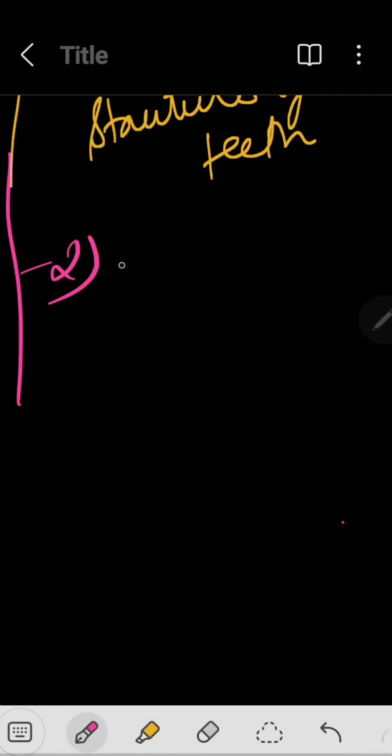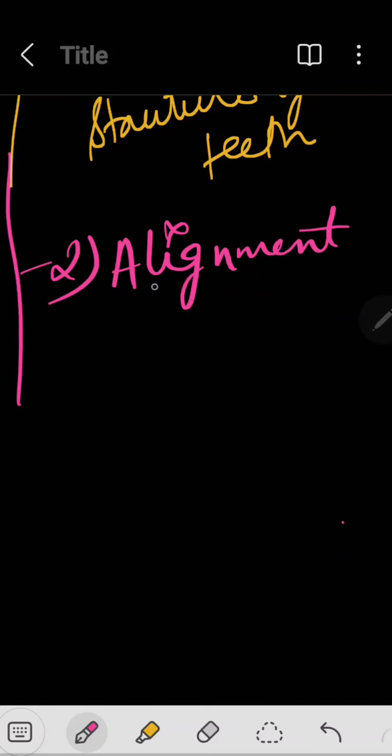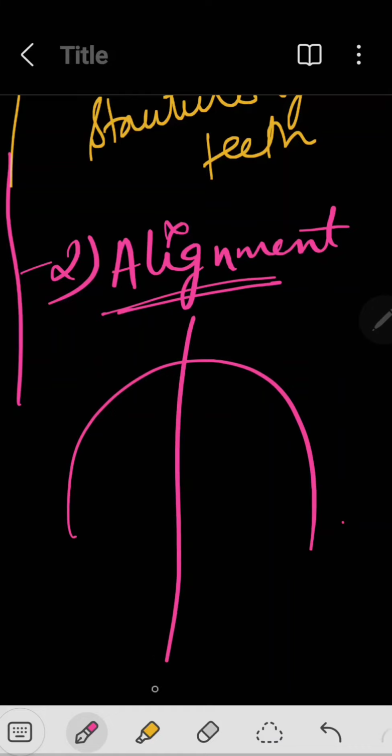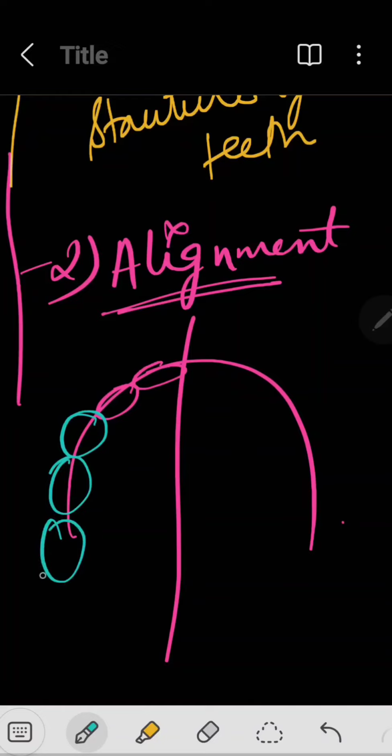Number two, if we may discuss, is alignment. Once the teeth erupt into the oral cavity, they are aligned in a particular set pattern. For example, there are incisors, then canine, followed by premolars, and lastly the molars.